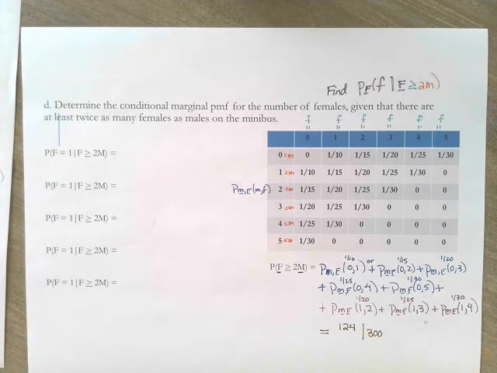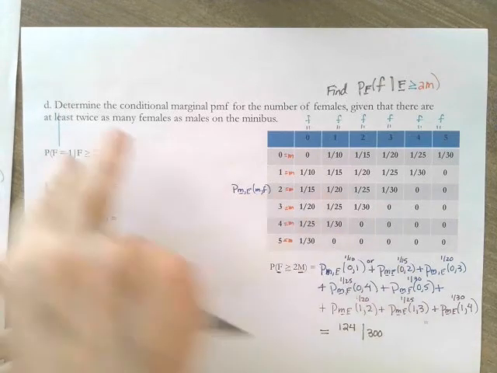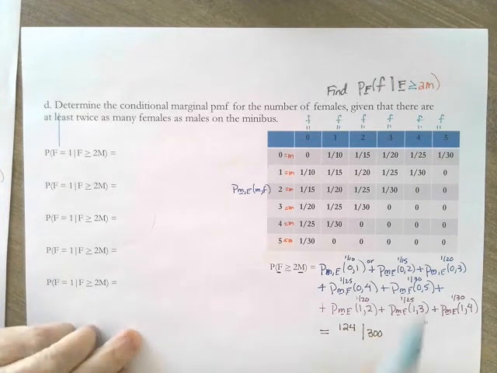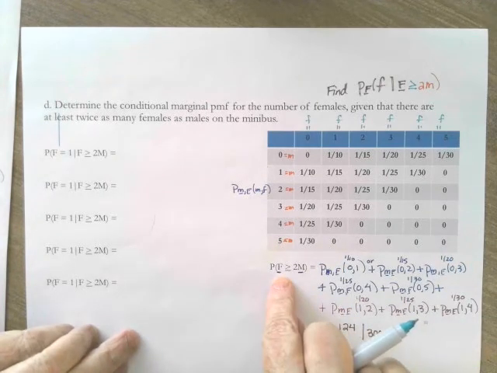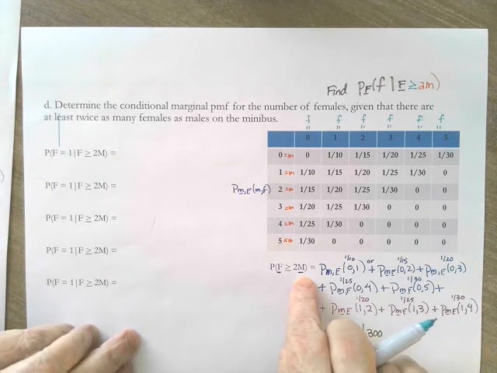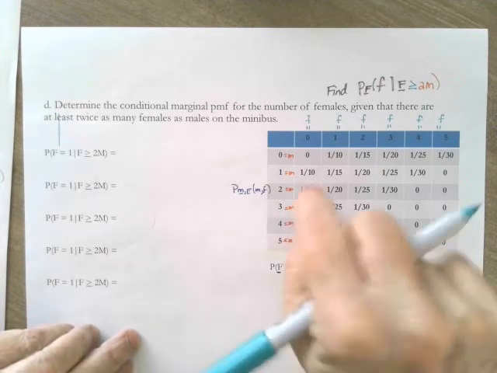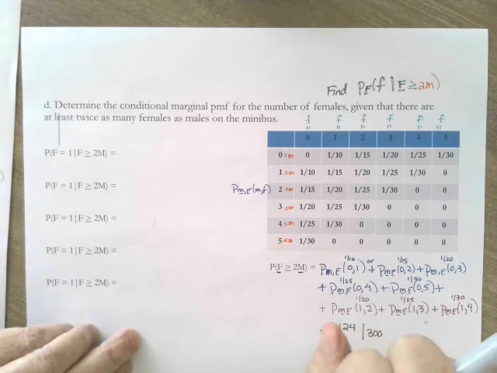So now, what I'm really looking for, again, are these values here. Now here's where my typos came in. The lowest value that F can possibly be when M is 0 is 1. So F has to be at least 2 times M, and we can't have them both be 0, right?